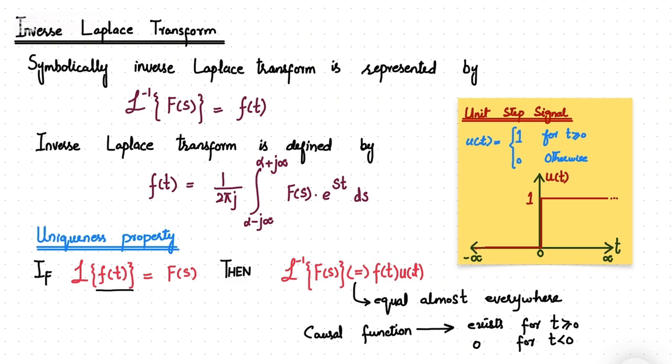for the uniqueness property to hold. Let's say an exponential function e raised to power minus alpha t, or let's say e raised to power minus 1t, e raised to power minus t. What is the sketch of this function? Like this, this is t equal to minus infinity, this is t equal to infinity, and the sketch for e raised to power minus alpha t is going to be something similar to this one.